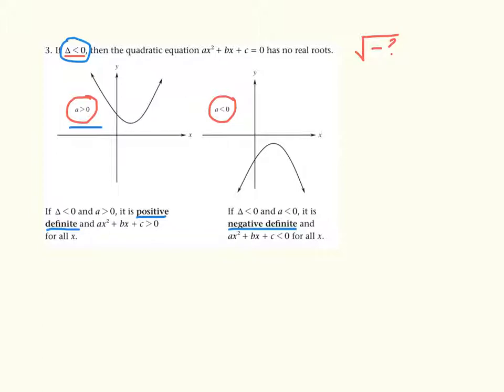There are no negative y values, so we say it's positive definite. Negative definite happens when a is less than 0, so we're concave down. We also have a negative discriminant, so we know there are no x-intercepts. So every value of the function will be negative, and we call it negative definite.